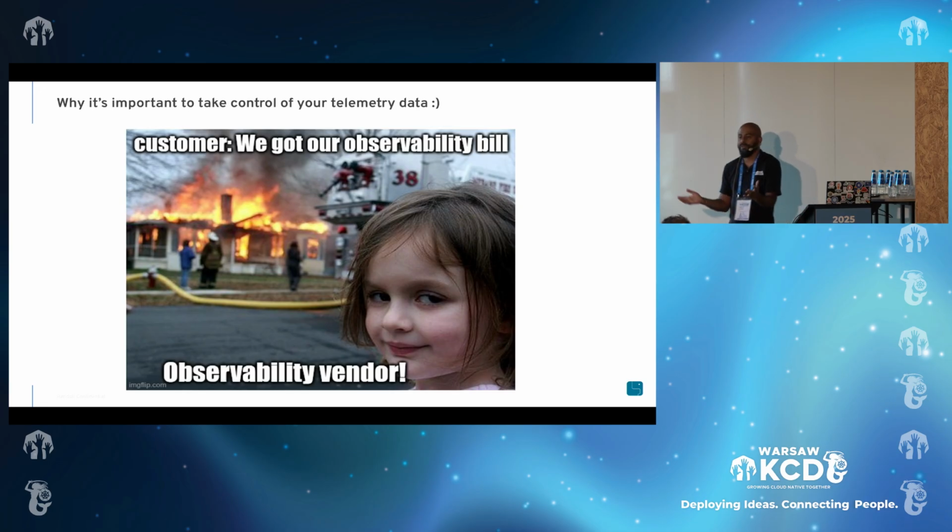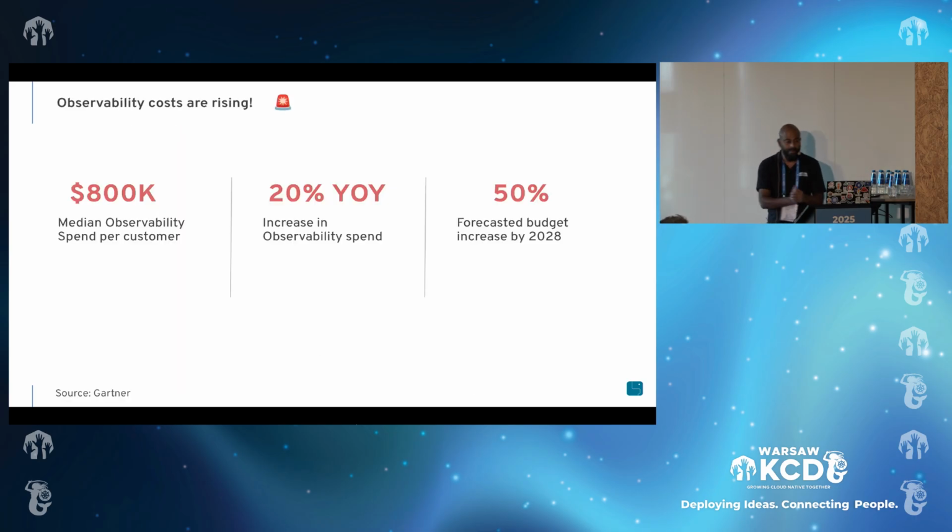Even if you have open source tooling, the cost of storage, the cost of managing, all of that is going to add up. So the quality of the telemetry is important, and that's what I want to talk to you about today. It's a no brainer. This is how much it costs these days to do observability, and it's getting higher and higher. So just a way to emphasize.